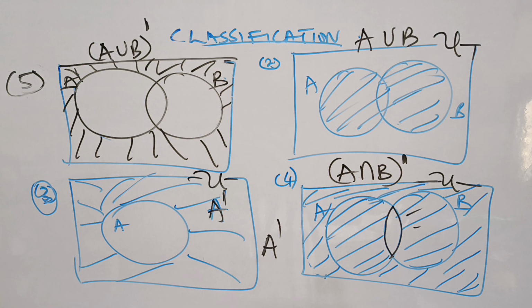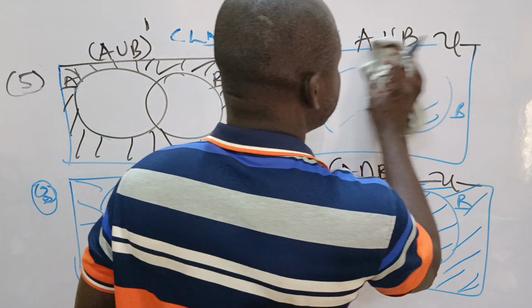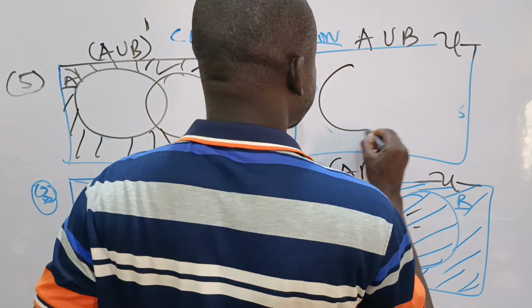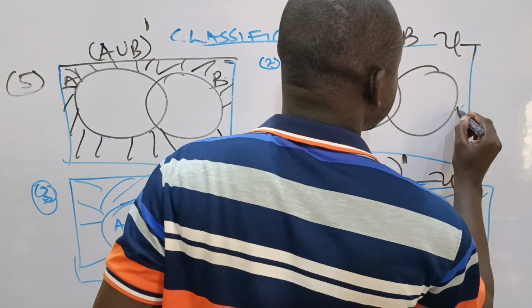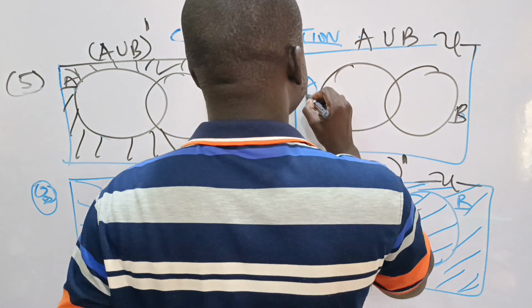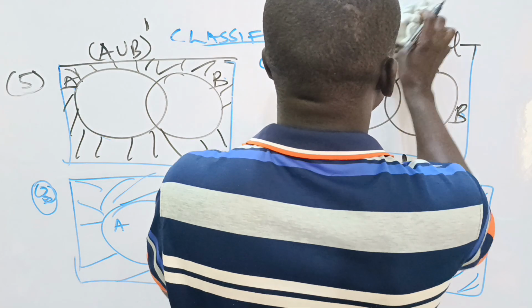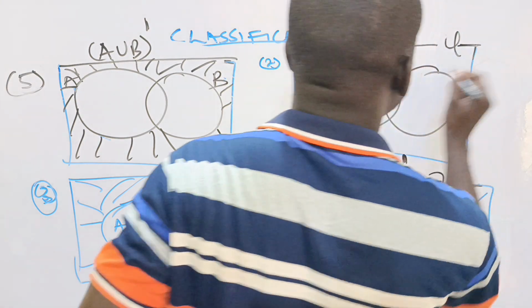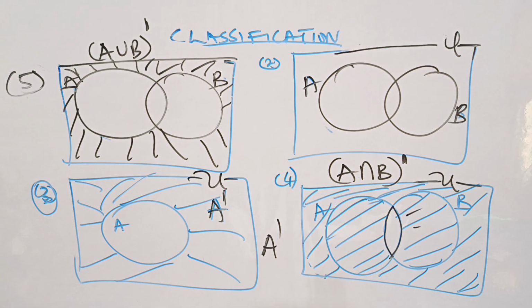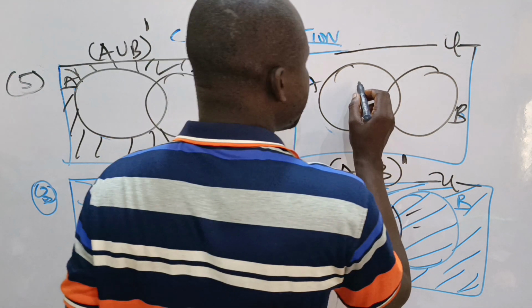Then we can also have A intersection B complement. We can have something of this nature. If this is A and this is B, how do we represent A intersection B complement? We can do any representation under Venn diagrams here.